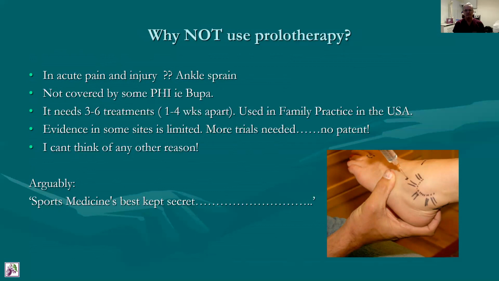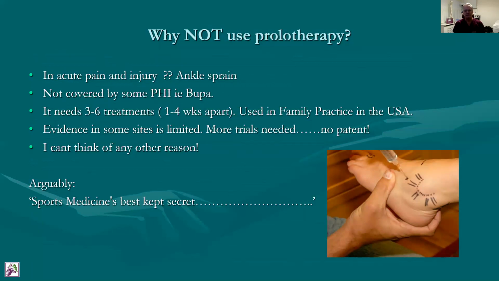It's used by family practitioners, GPs in the USA, and so maybe they have better availability of recurrent consultations, but it's certainly very popular in America and increasingly so in Australia and New Zealand. In some sites there is limited evidence of its effectiveness, but anecdotally it can be very useful.